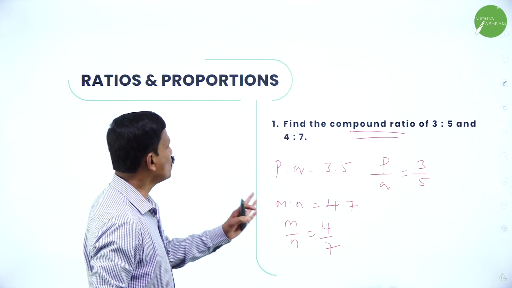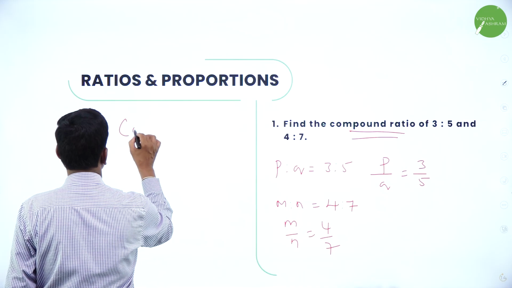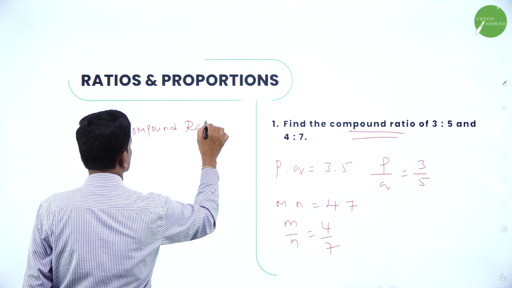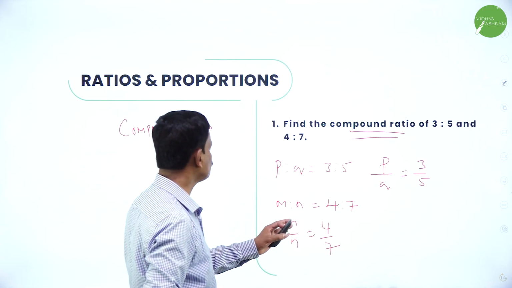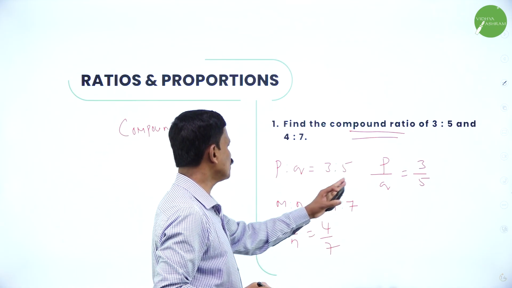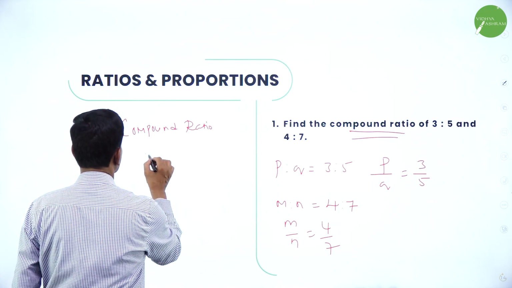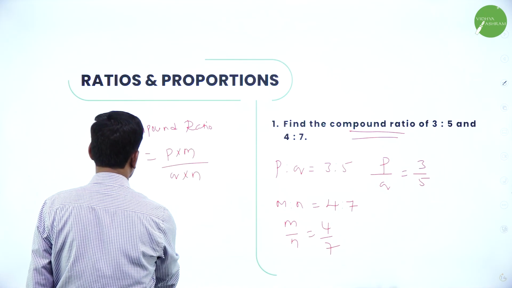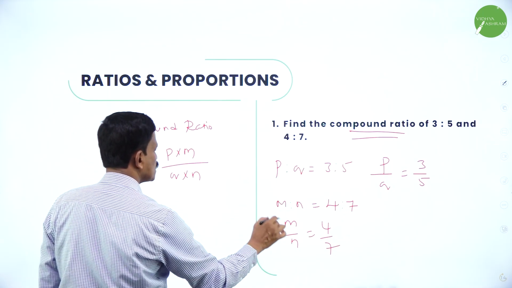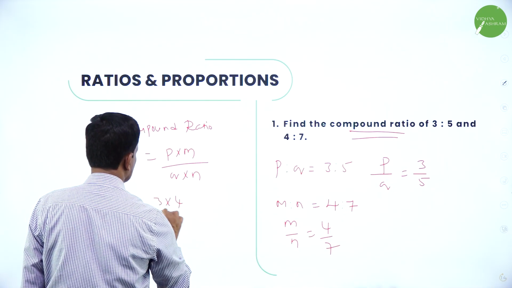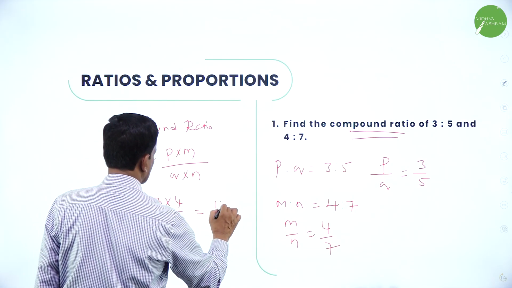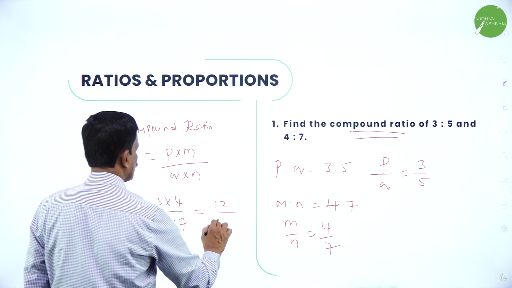Now, the compound ratio for this: just multiply, that's it. P into M divided by Q into N. What is this equal to? That is 3 into 4 divided by 5 into 7. 3 4s are 12, 5 7s are 35.